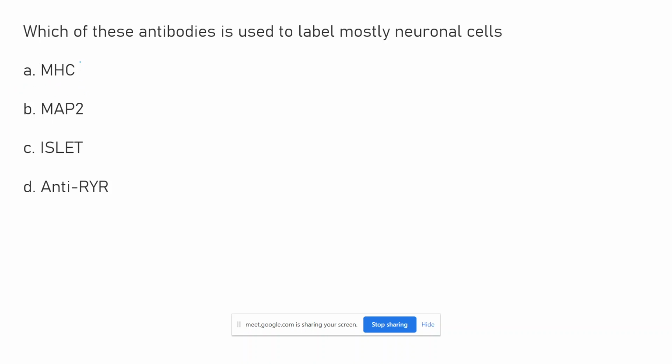For this question, which of these antibodies is used to label mostly neuronal cells, that is MAP2. MAP2 is a mature neuronal marker.